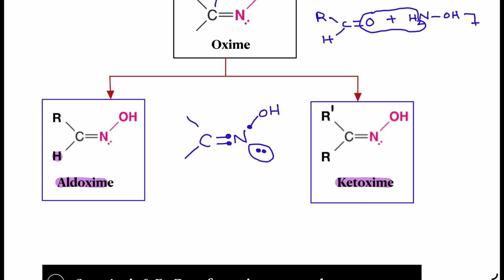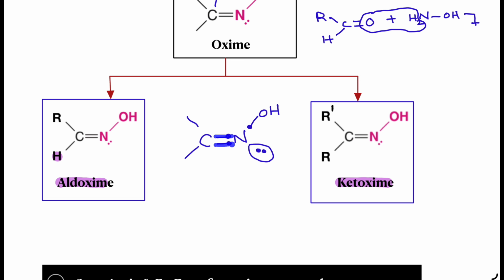So with respect to nitrogen, the condition is satisfied. Only you have to observe the oxime carbon. The two groups attached to oxime carbon must be different. Here if you have A, this must be B. That means these two must be different groups. In that situation, geometrical isomerism is possible.